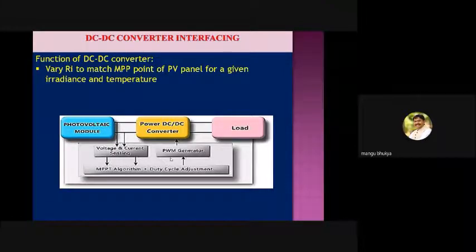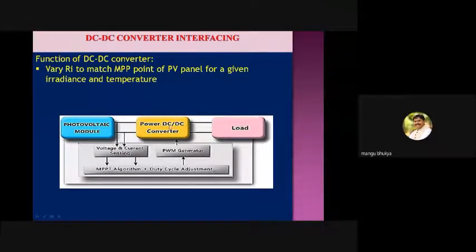So the simple concept is that an MPPT charge controller has two parts: the charge controller and the MPPT tracking, and both are independent. MPPT tracking means we have to extract the maximum power. But to dump that power, your load should be able to absorb it. Suppose the battery is already fully charged.